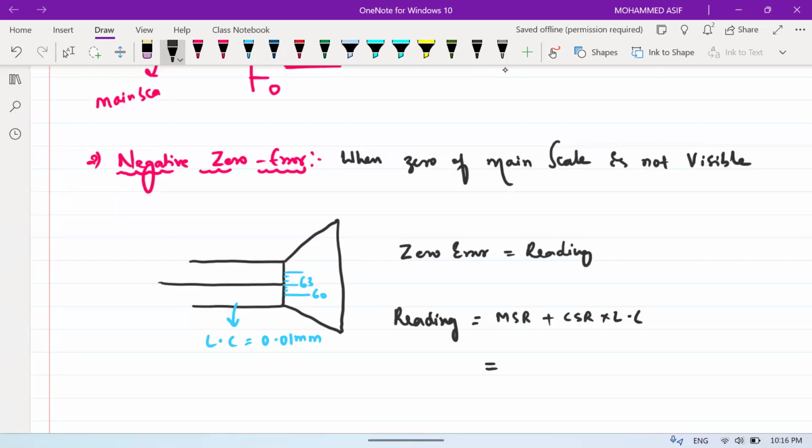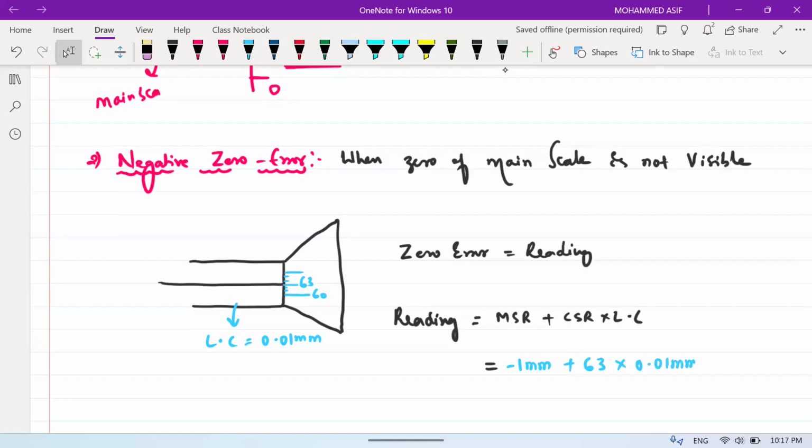Can anyone tell me what is the MSR? I told you yesterday also in vernier caliper. If 0 of the main scale is not visible, what will be the value? -1. Very good. So it will be -1 mm here. When it is not visible or nothing is given in the diagram, it should be taken as -1 mm, plus the circular scale reading which is coinciding, 63, into least count which is given as 0.01 mm.